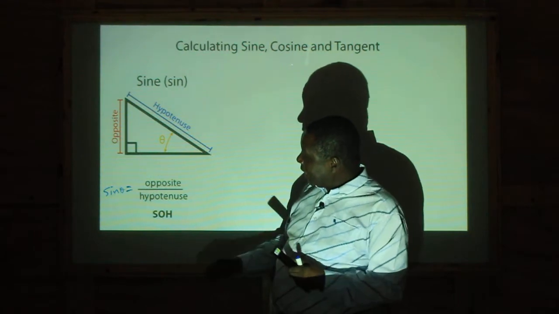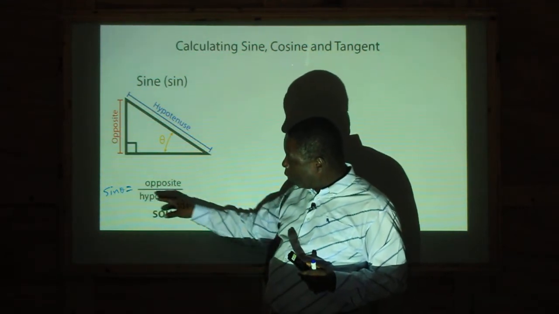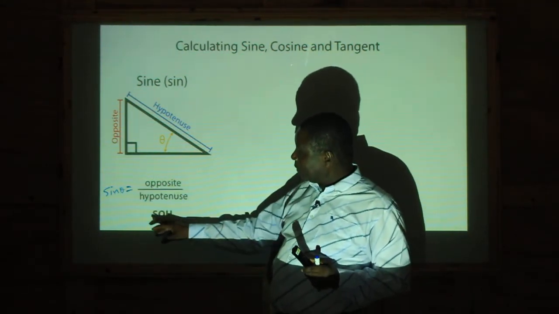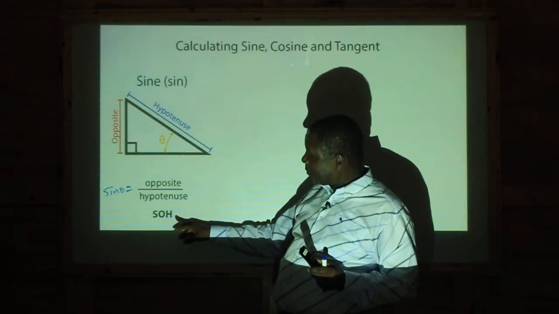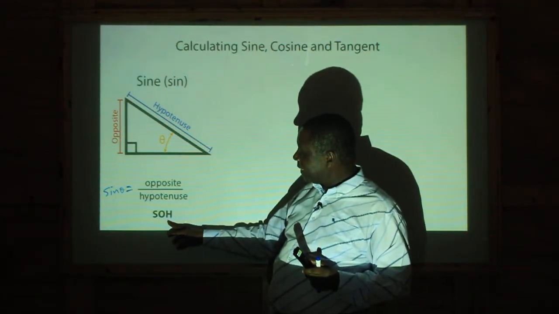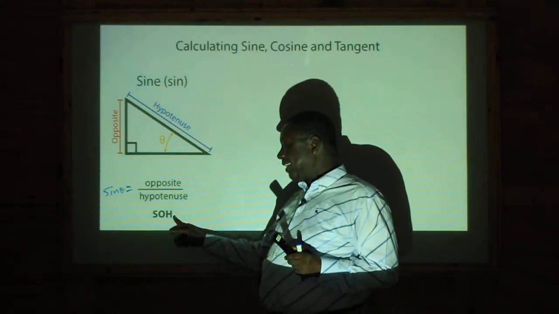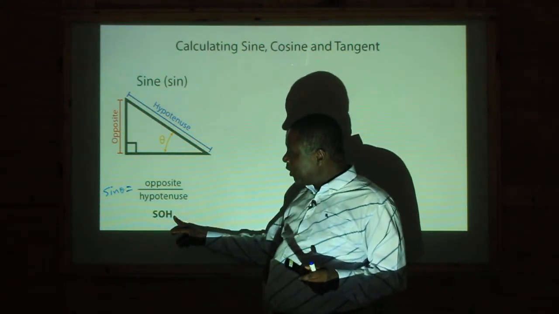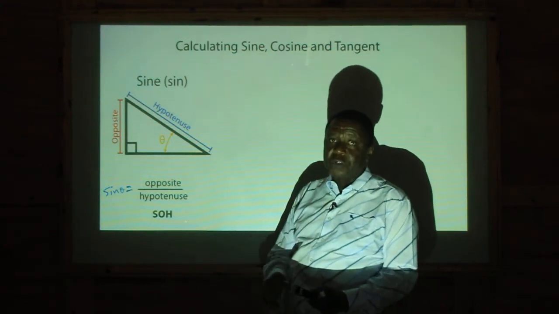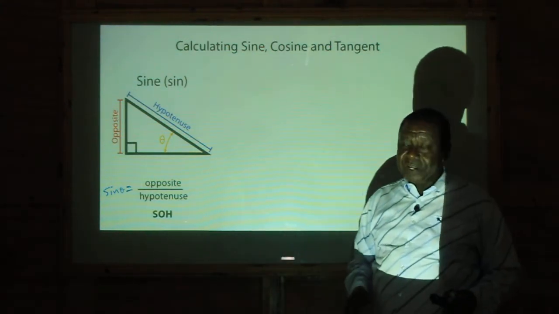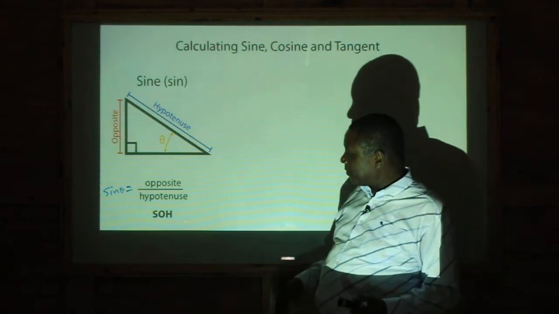That is why I have represented this whole thing in letters to say sine is opposite all over hypotenuse. So we call it SO, S-O-H. By the time I finish all three of them, we can combine them together and form an acronym you can always remember in case you forget the formula.